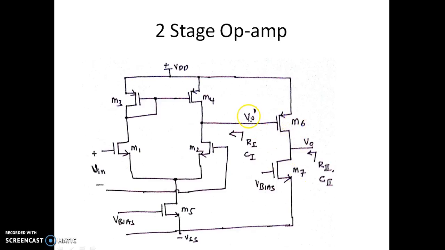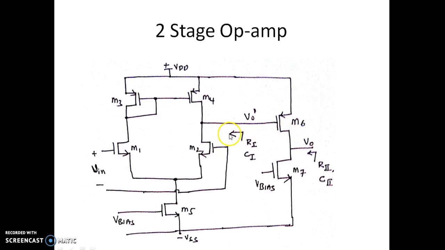We have V0 dash as the output, single end output of the differential amplifier, with plus and minus as the terminals for a differential input of a differential amplifier, and we have the final output voltage as V0 of the two-stage op-amp.